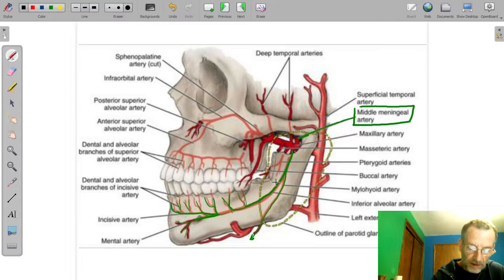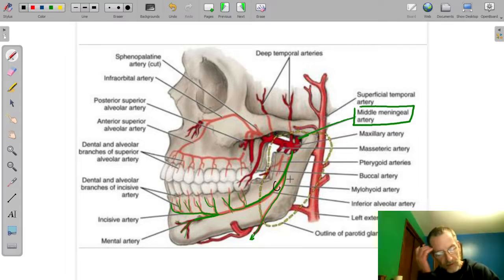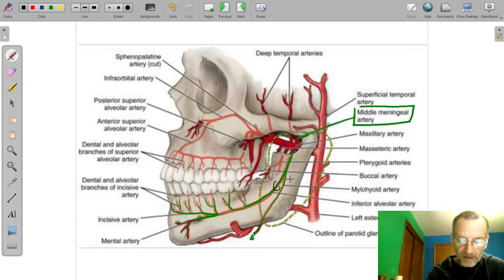Somewhere in here would be the mandibular foramen, where it runs through the mandibular canal. So that's the first part of the maxillary artery, the middle meningeal, and then the inferior alveolar with its branches. It's pretty much at the proximal end. Then we're going to do the middle part, or the second part, next.